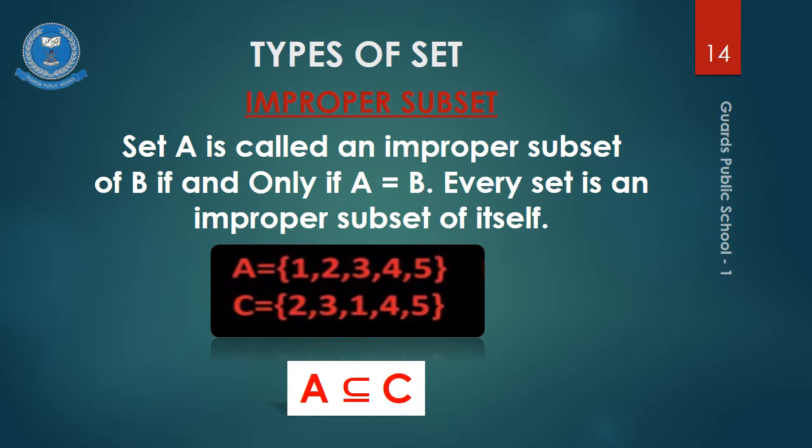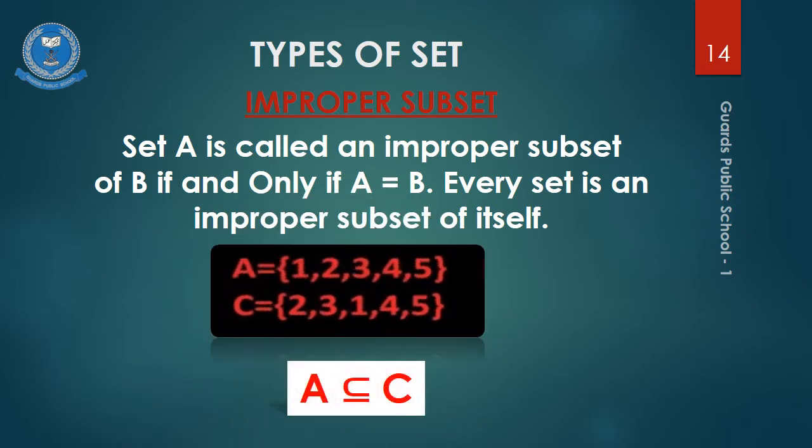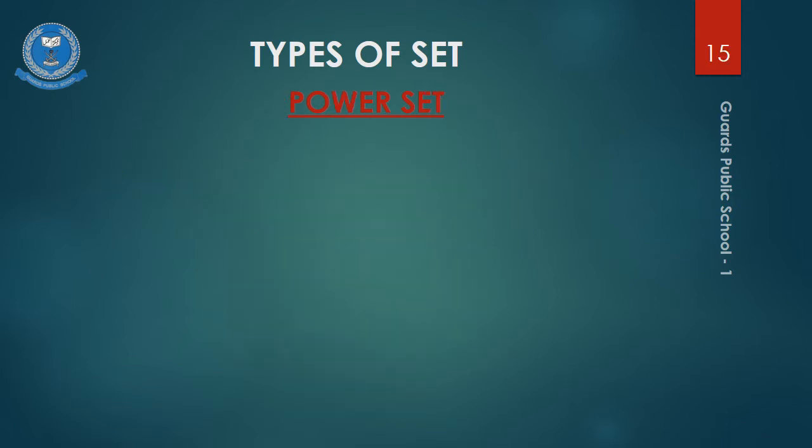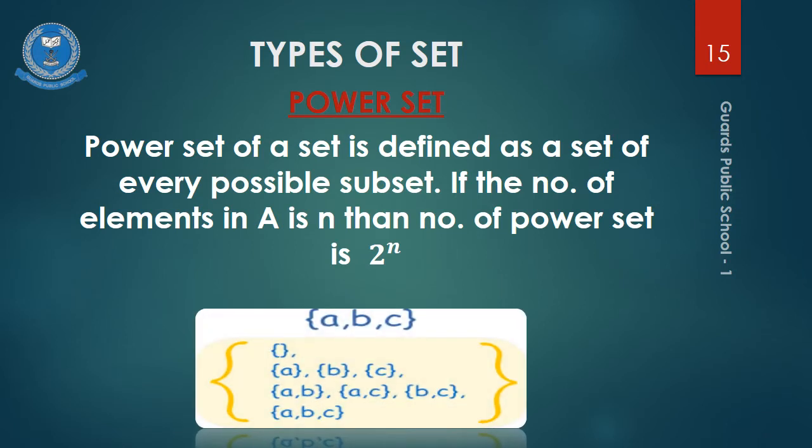And every set is an improper subset of itself. Last is power set. Power set of a set is defined as the set of every possible subset. If the number of elements in set A is n, then the number of elements in the power set is 2 exponent n.